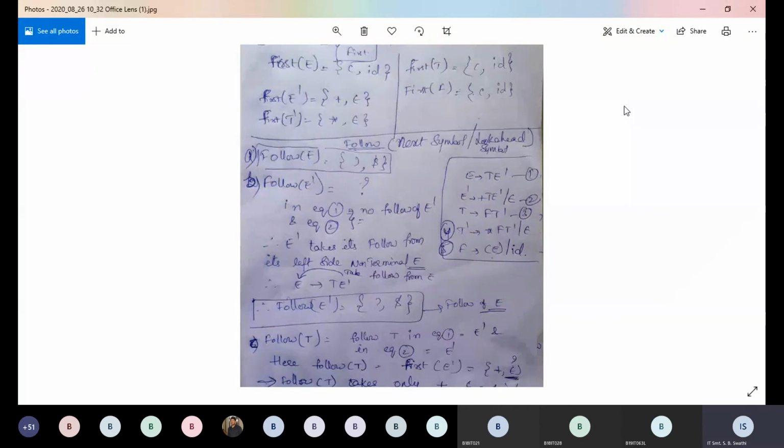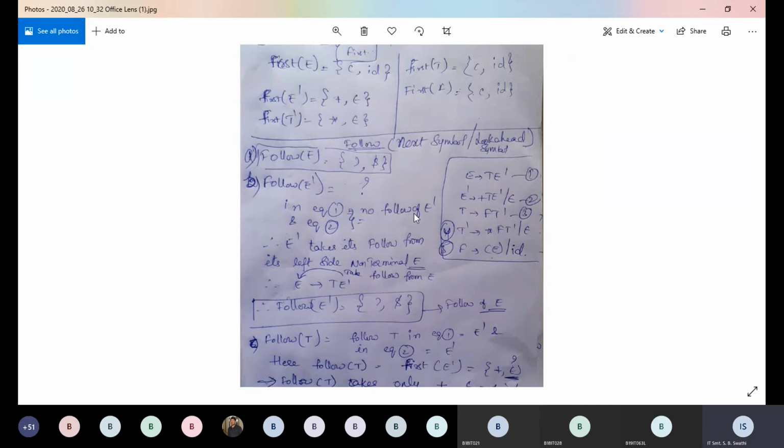So this follow will help us directly extract the particular rule that matches the given input. Instead of checking with all the regular expressions, directly we can choose one particular grammar rule among these. That is the purpose of follow.